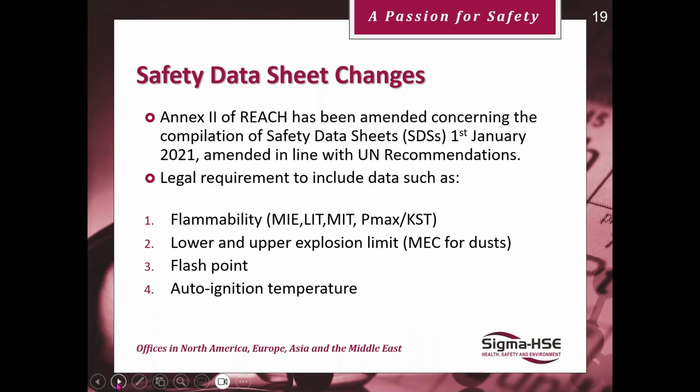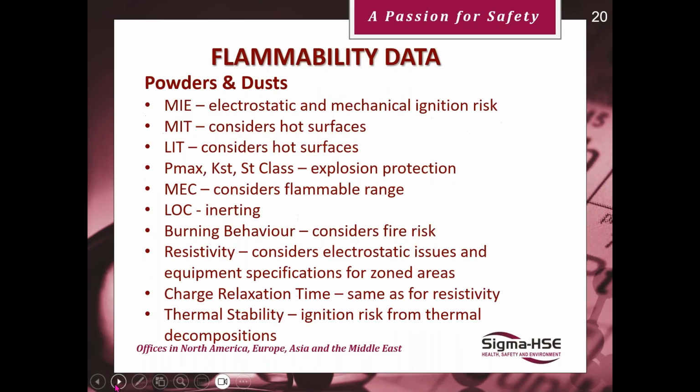We'll talk about those later. Lower and upper explosion limits for gases and vapors, MEC for dusts. For gases and vapors, we have the flash point and the auto ignition temperature. And when you see in item 1, the MIT is basically the AIT for dusts. So here's a list of the type of flammability data you can get.